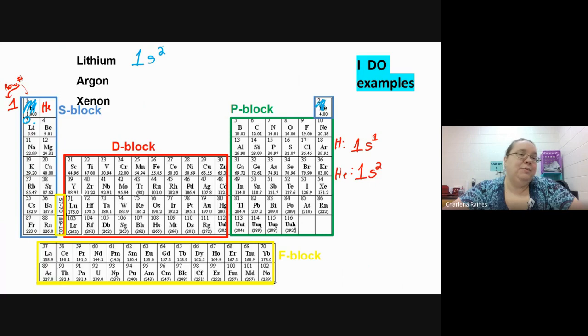Therefore, my exponent must be 2. So I wrote the row number, the sublevel, and the number of electrons, or think of it as the number of boxes colored.